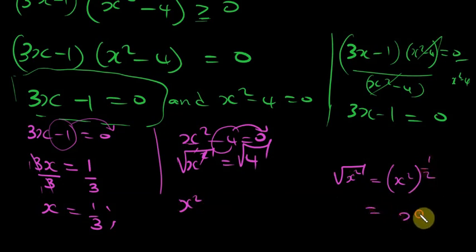When you do that, there's an indices law that tells us that if you have a base raised to a power raised to another power, you just multiply the powers. In this case, 2 times 1 over 2, therefore you have x to the power 2 over 2, which is the same thing as x to the power 1, which is just x. So that's how the square root cancels out.